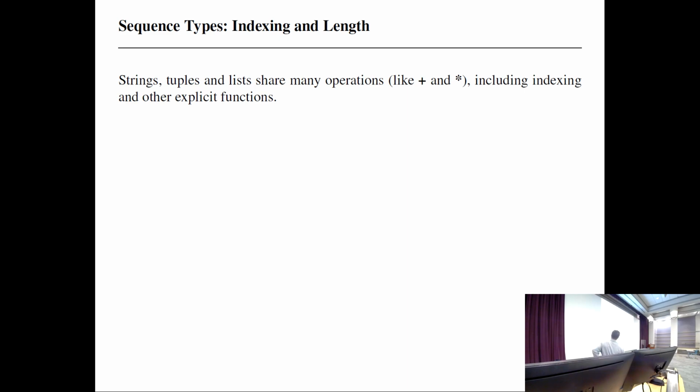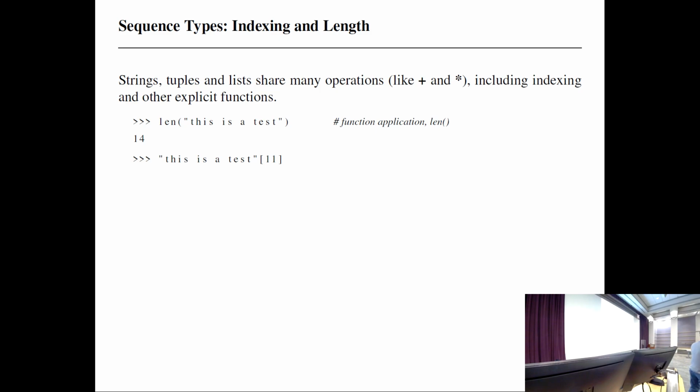All right, same operations. I can ask about the length of the string. So this is a string here. I can ask about its length. Now I'm going to show you new operations for indexing elements of that string. Remember, I can't change a string, but I can extract pieces of it.